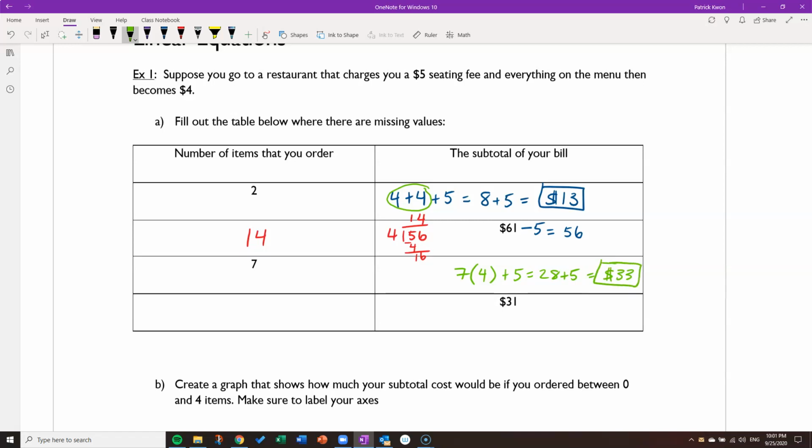Okay, so last problem, we have $31, so again, we could subtract 5 from that, and that would give us $26.